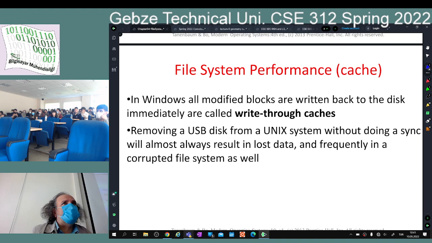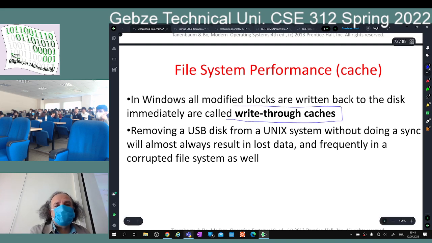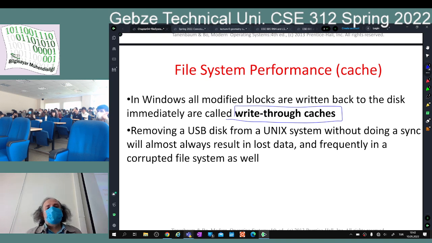As soon as a cache entry is modified, I write it to the disk. I don't make them wait. These are called write-through caches. With write-through caches, you never wait until your dirty cache entries need to be written to the disk. You just immediately write them to the disk.